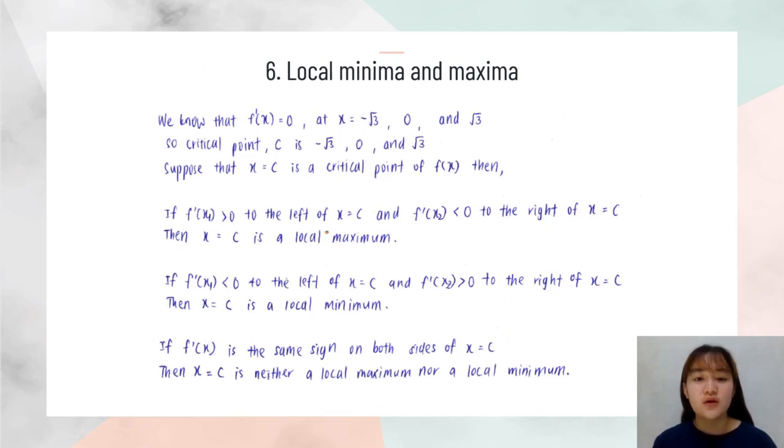For the local minima and maxima, we look back at the first derivative. We have done the first derivative before and got the x values of -√3, 0 and √3. We use these three points to find the local minima and maxima.